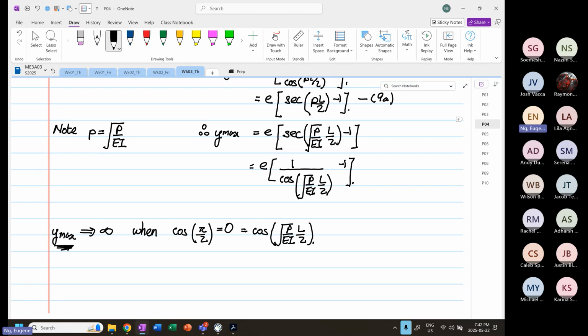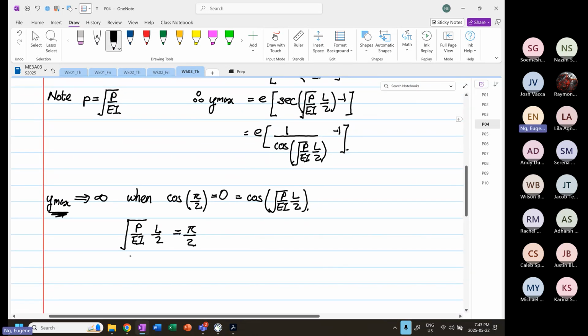So from here, like what we have done before, we have this expression where we have square root P over EI, and then we have L over 2, and this will be equal to pi over 2. Okay. So we can cancel the 2.